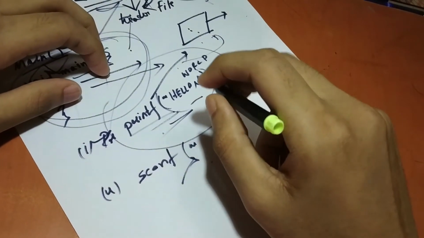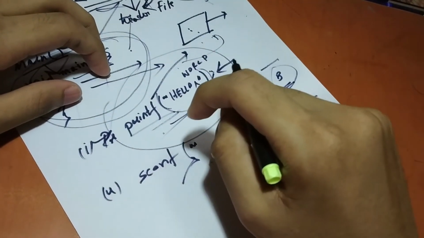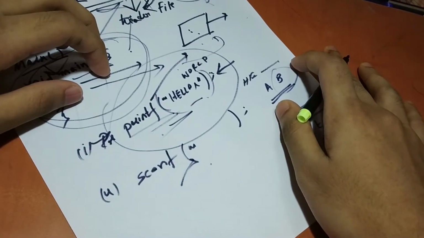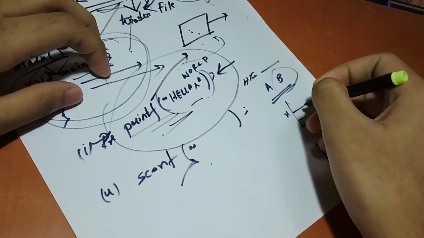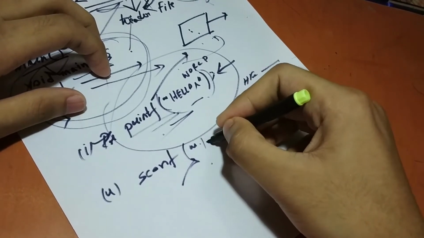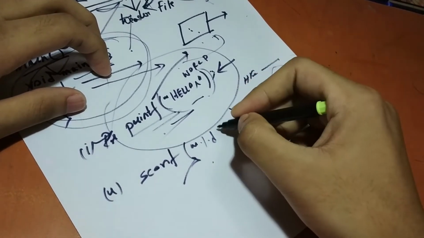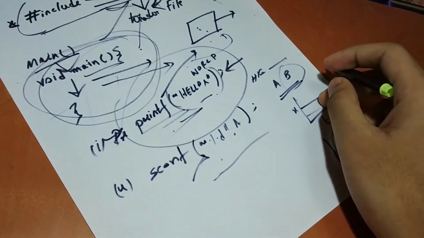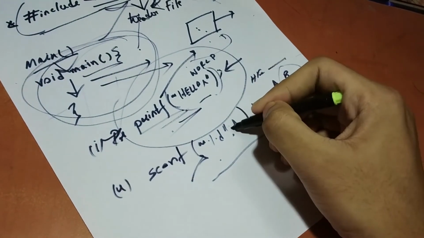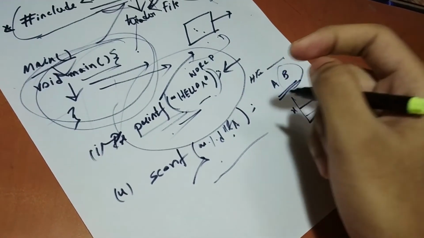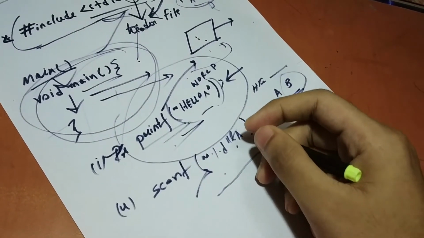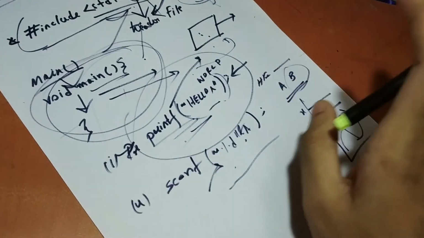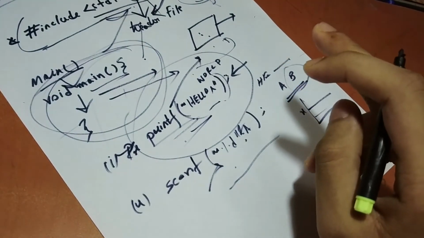Now if I want my computer to take input of an integer, for example 5, it is denoted as %d and &a. Sorry, it will be &a. In the actual code, I want my computer to take some value, any value that I want to give it.